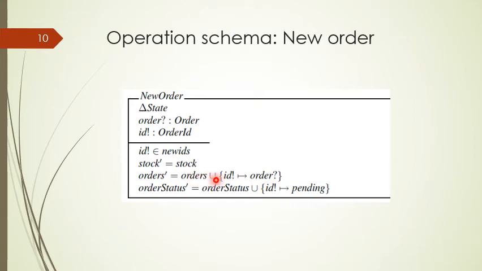Every partial function is also a set, therefore the union operator will be used to add the new order in the form of an order pair. And order status would be pending. Whenever you have a new order, its status would be pending. Therefore this order pair is also added in state variable order status by using the union operator.